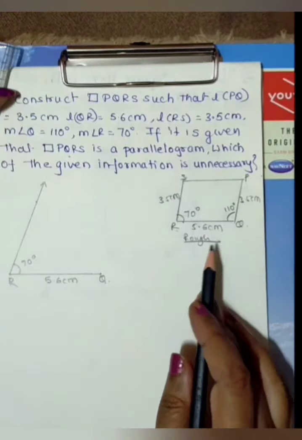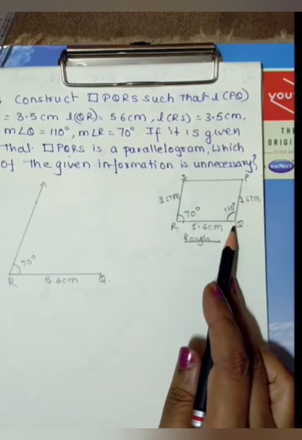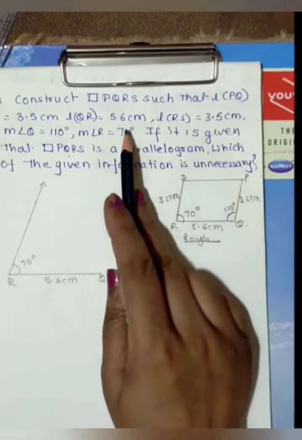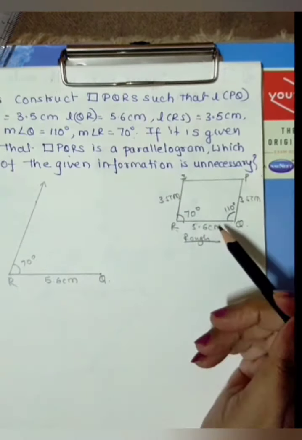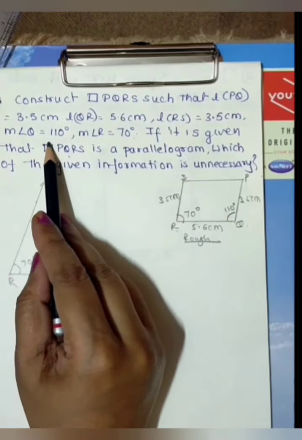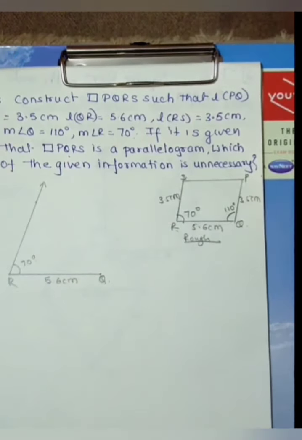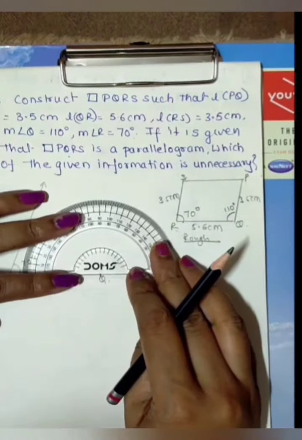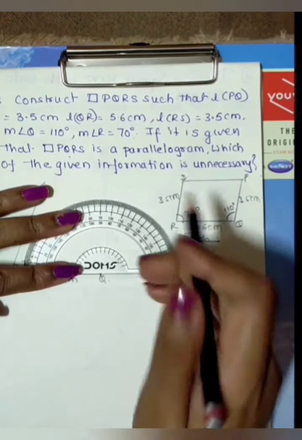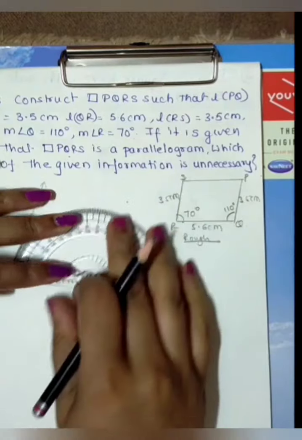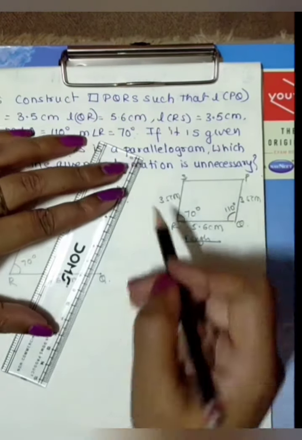Now what is given next? QR. Measure angle R is 70 degree, we have done that. Now measure angle Q is given as 110, so measure angle Q is 110 here. That also we got. Now we are going to join this.